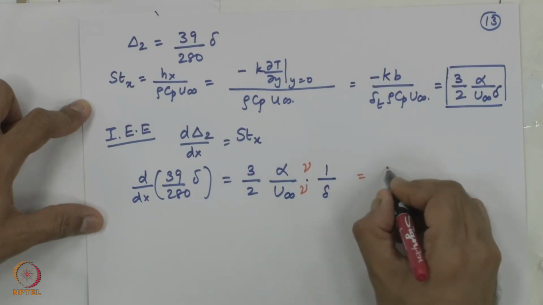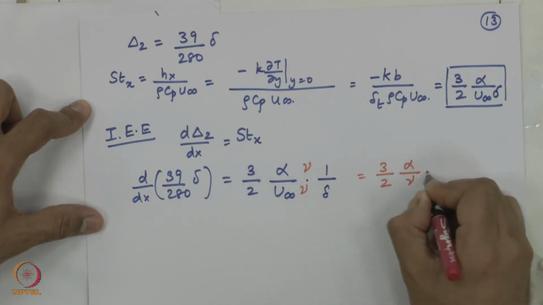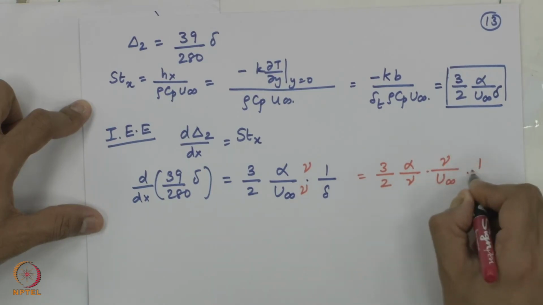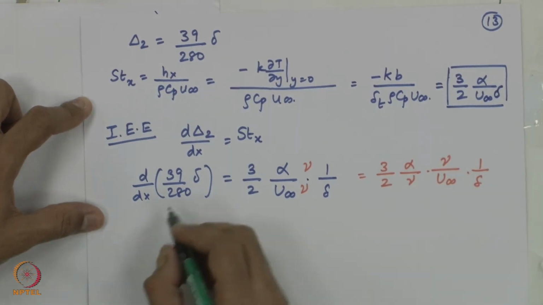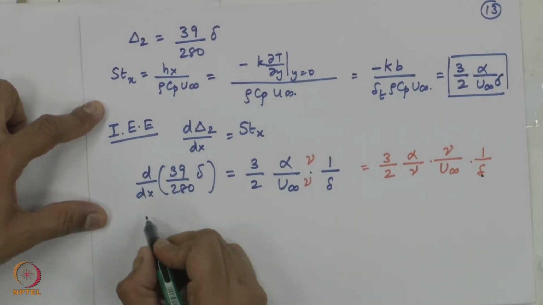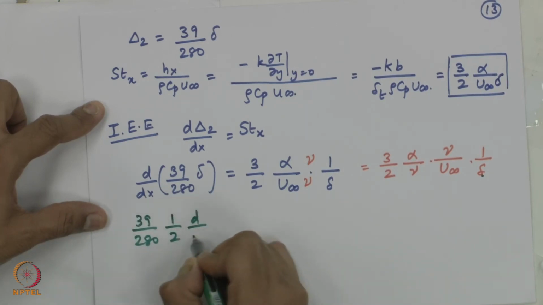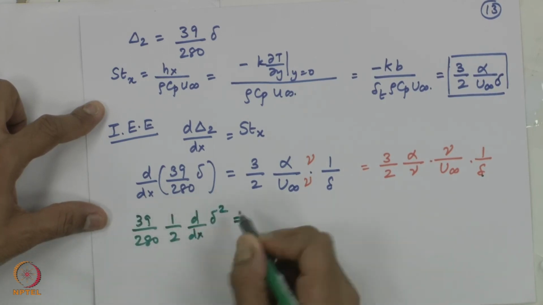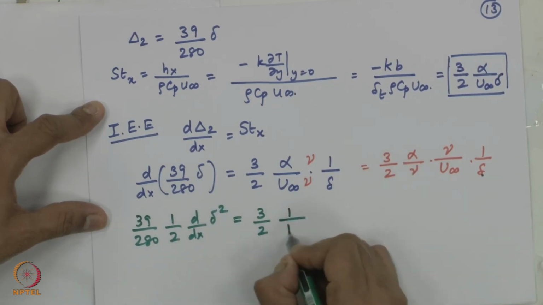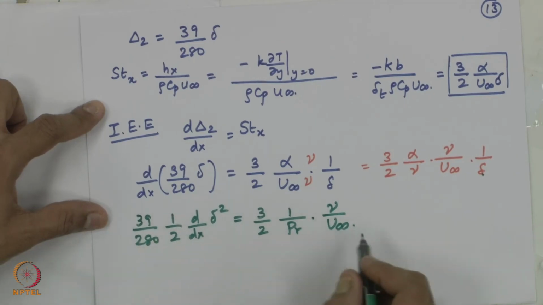So, this is nothing but 3 by 2 alpha over nu, u infinity by nu 1 over delta. So, this can be rearranged, take this delta there. So, this is 39 by 280 1 by 2 d by dx of delta squared, which is nothing but 3 by 2. Nu over alpha is 1 over Prandtl number, nu over u infinity. You do the maths here.